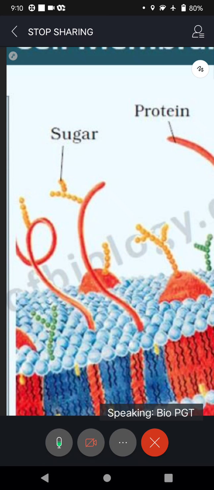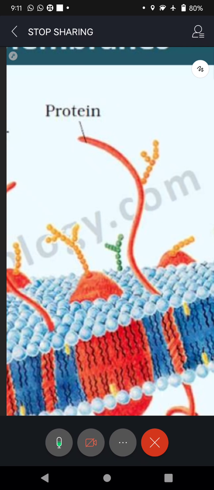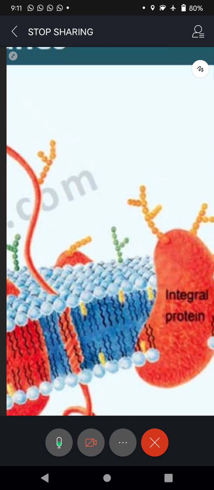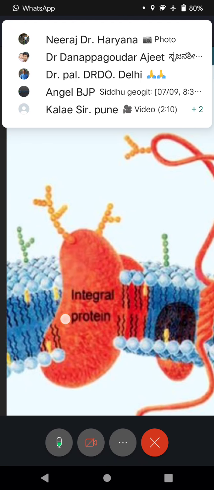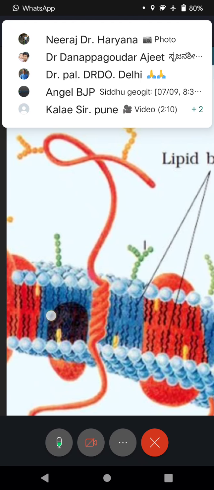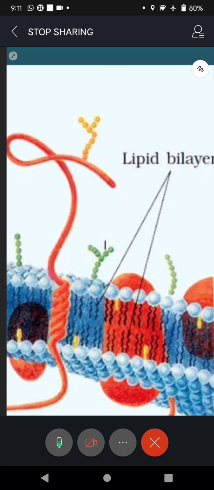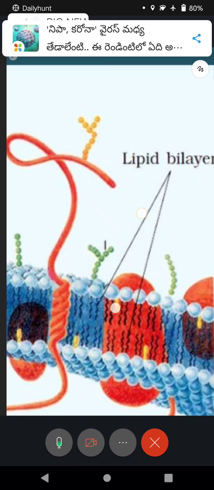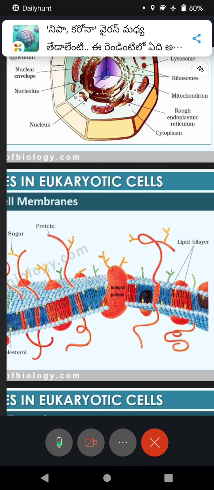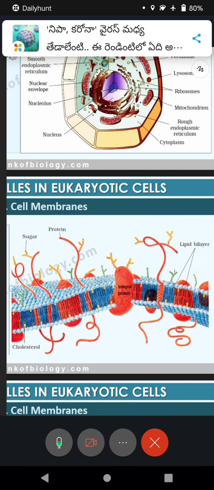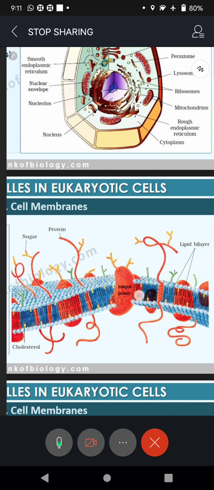Carbohydrate, that is sugar, protein with the two heads, and third one is bilipid layer, two layers of fats. So, we will see again in our next class what exactly the structure of the protein, how it will be.